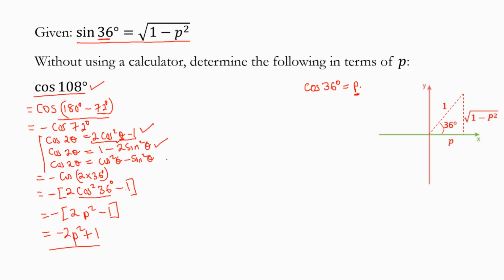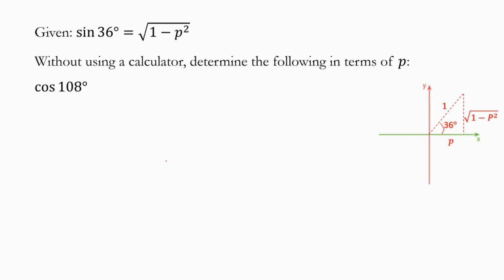Right, let's use the second one now. We agreed that this is actually cos of 180 degrees minus 72, which is equal to negative cos 72 degrees, which is equal to negative cos 2 times 36 degrees. The second one says cos 2 theta is equal to 1 minus 2 sine squared theta.